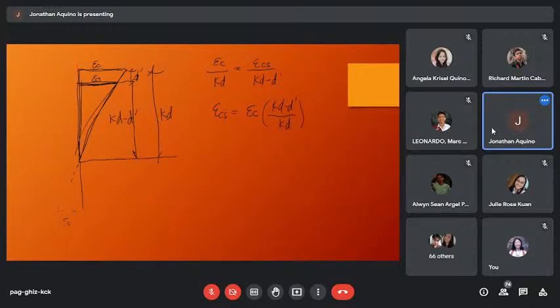Okay. So kanina sinabi natin na yung compression steel is twice yung strength niya compared dun sa tension steel. Same true with the concrete. Yung strain ng concrete is smaller compared to the strain of steel.